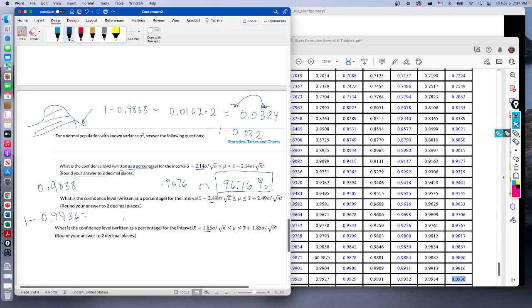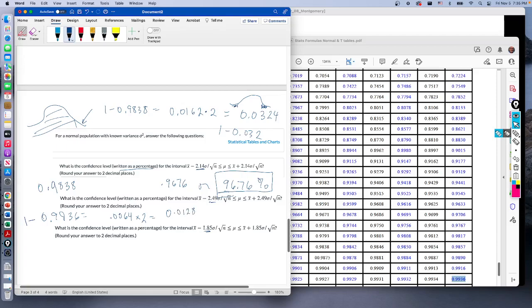Mine goes into scientific notation, but what you get is 0.0064. Again, you multiply that by 2, and that gets you 0.0128.